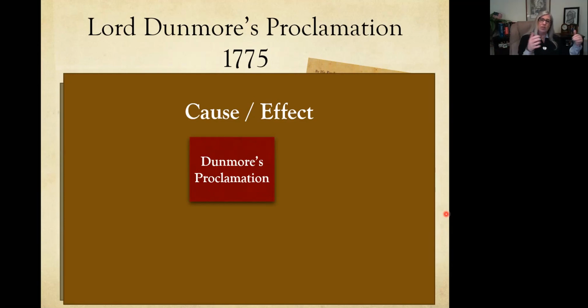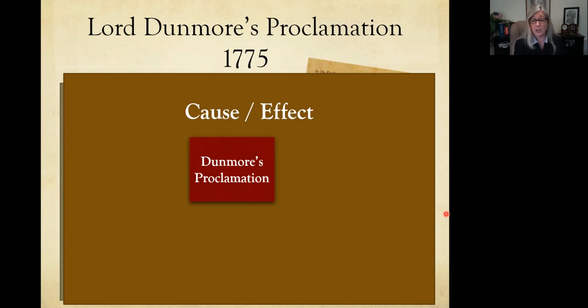After all of this fighting, actual military action that has taken place, Lord Dunmore is one of the British government leaders in the colonies. So in Virginia, he's worried about how he is going to be protected, how his property is going to be protected, and everything else. So he issues what's called Lord Dunmore's Proclamation in 1775.